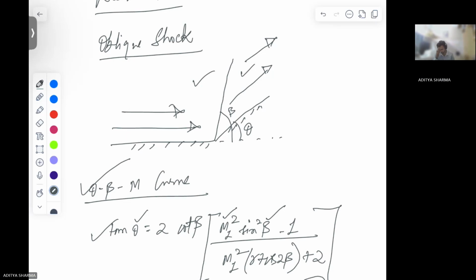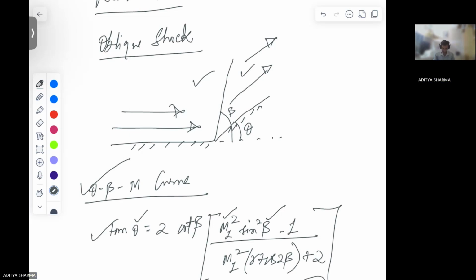So if your Mach is increasing, this deflection angle for which you can get an attached oblique shock will increase.